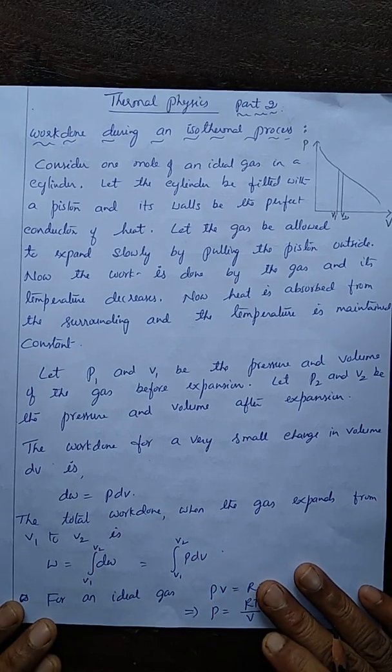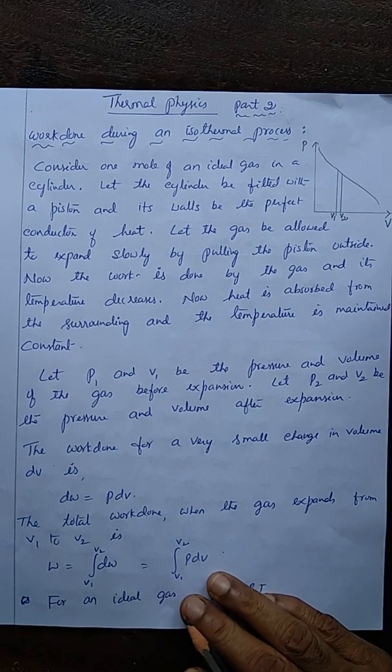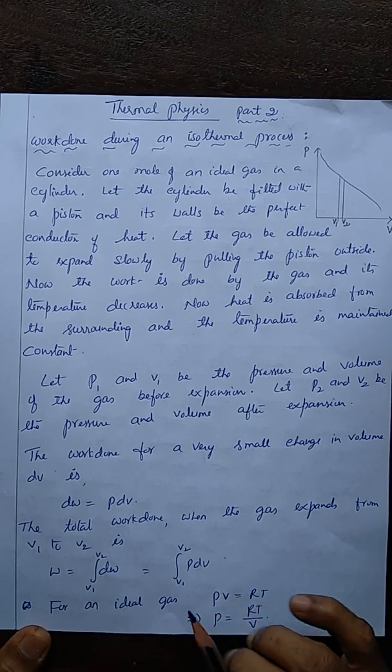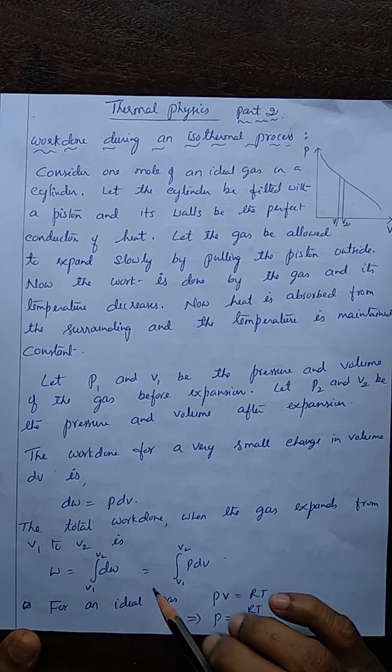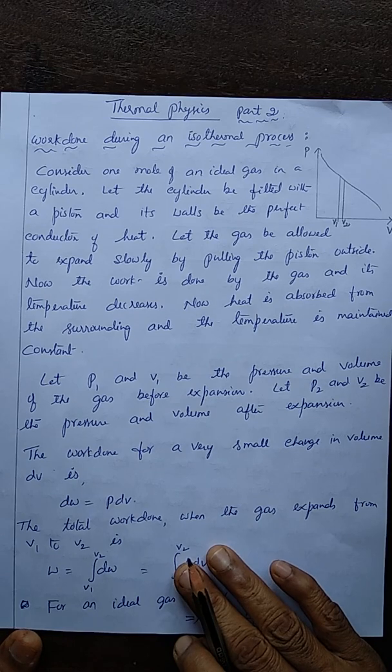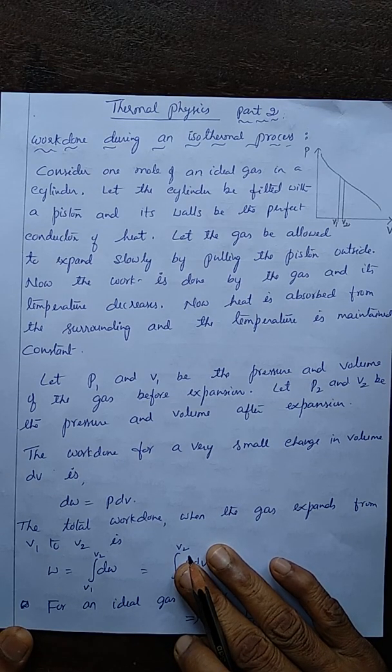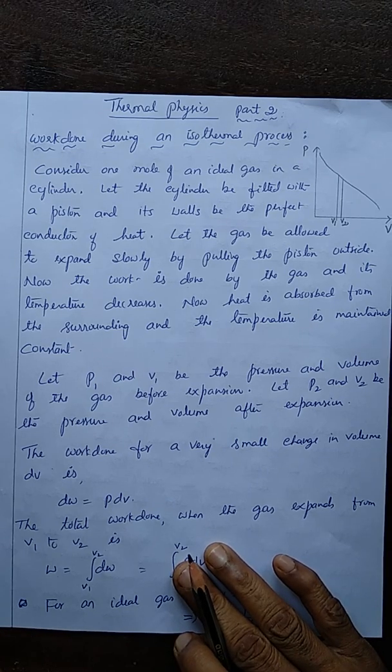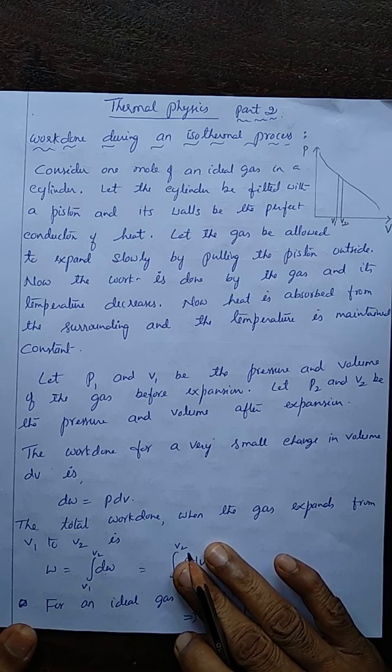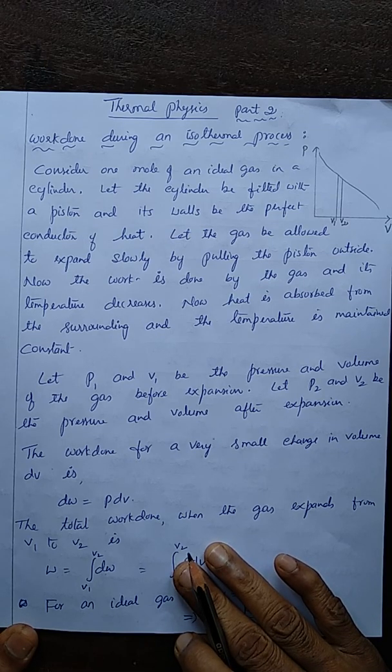So here, let us consider one such isothermal process. For this, consider 1 mole of an ideal gas in a cylinder, and the cylinder is fitted with a frictionless piston. Let the walls of the cylinder be the perfect conductor of heat.